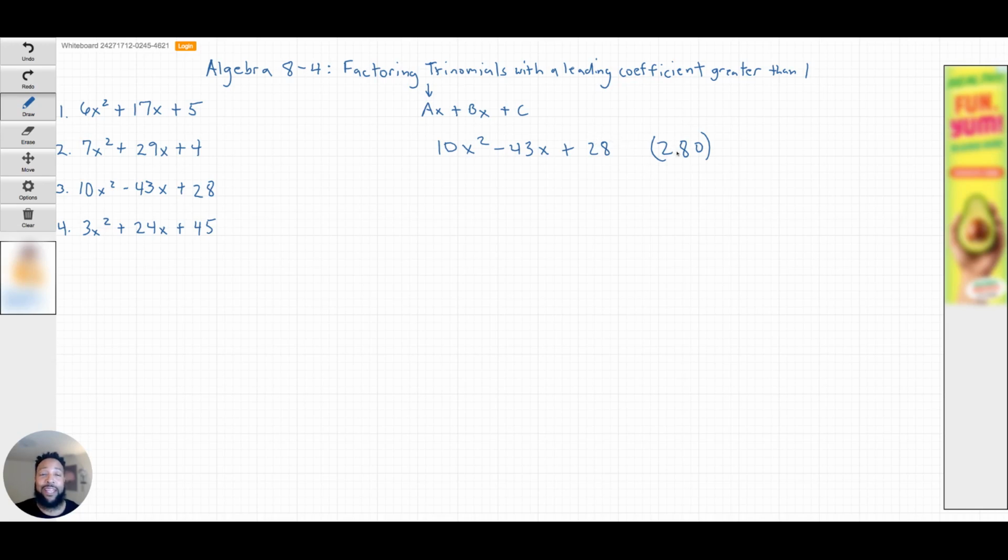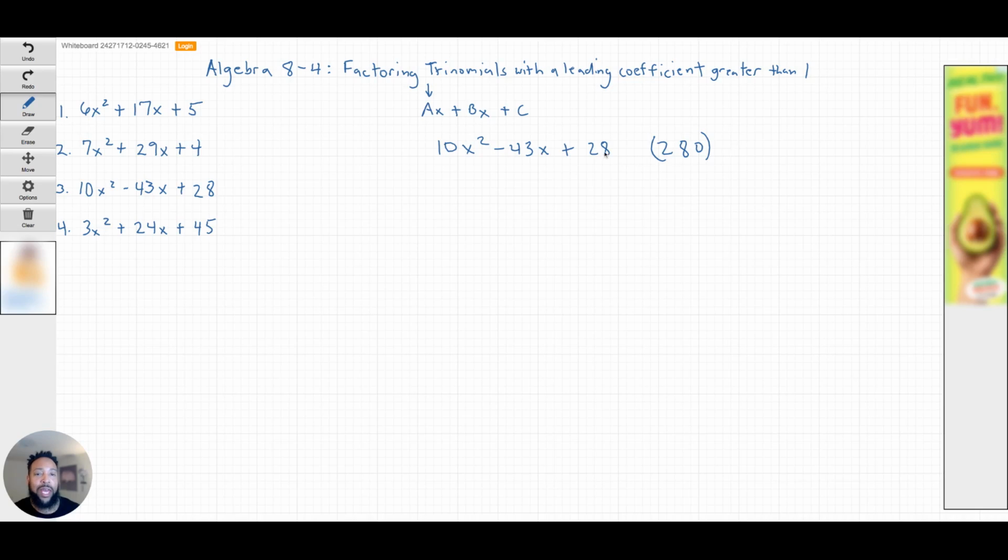Now the next thing we need to do is, we have two numbers. What two numbers that when we multiply those will give us 280, but when you add them, you will get a negative 43.